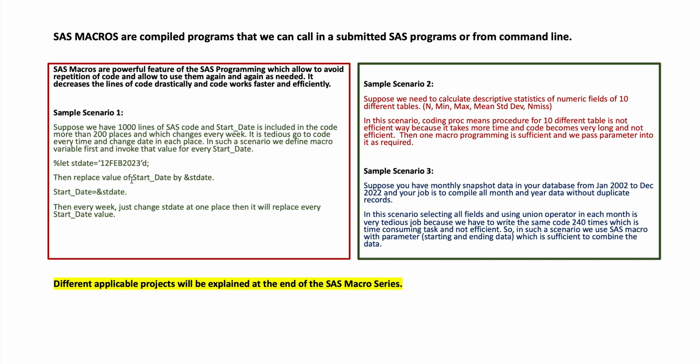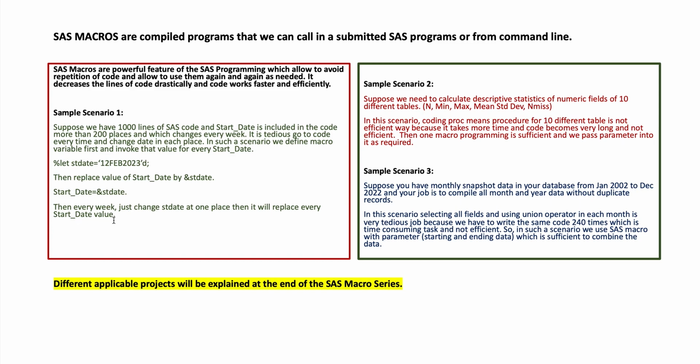Then replace the value of start_date by &stdate. That means we are calling the value of stdate, which is 12 Feb 2023. &stdate. represents the value of this stdate. That's why start_date equals &stdate.